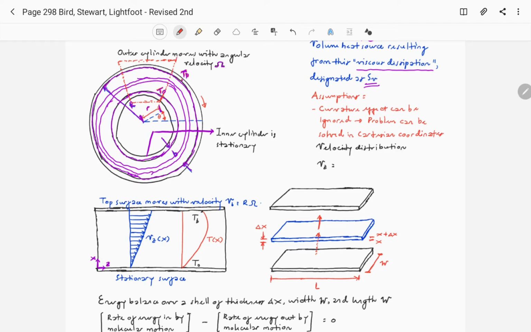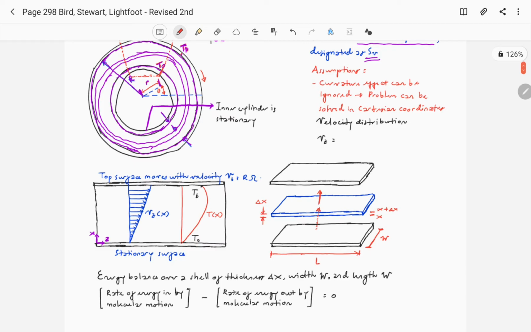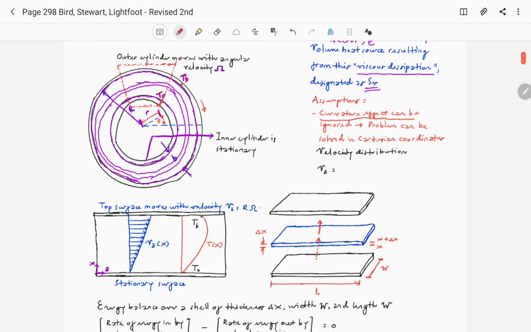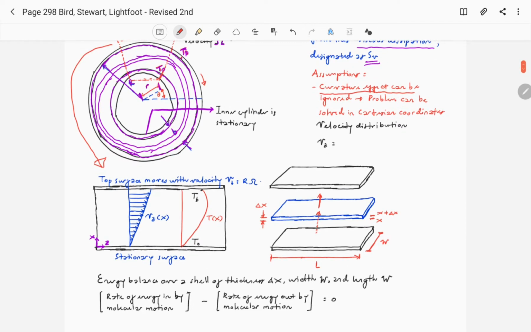We can somewhat ignore the curvature effect, so the problem can be solved in Cartesian coordinates. Within this dash line, we can basically assume it is equal to a rectangular plate system.